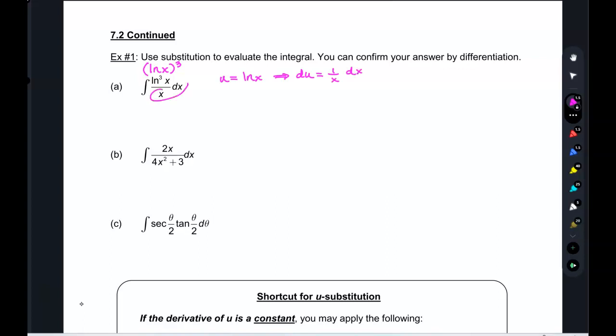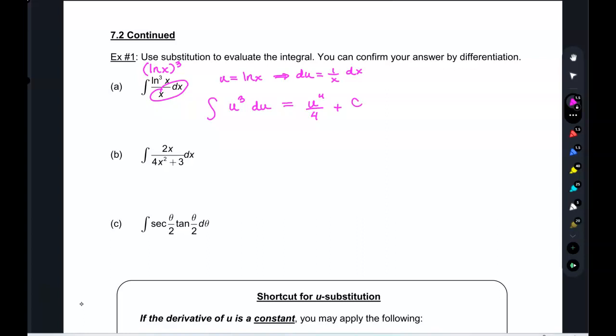I see here I have 1 over x dx, so I'm going to rewrite this as u to the third du, which now we can integrate. This becomes u to the fourth over 4 plus c.